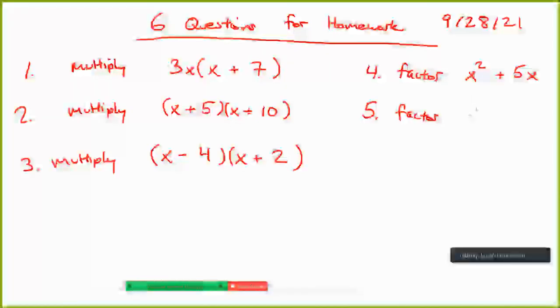Number 5 will be 20x squared plus 15x. And then 6, and last one, let's do 10x to the 6th power minus 5x to the 4th power.